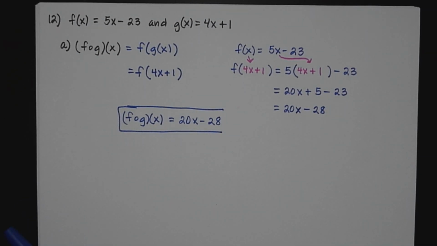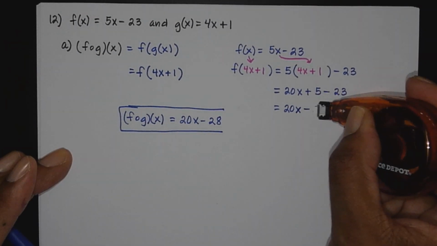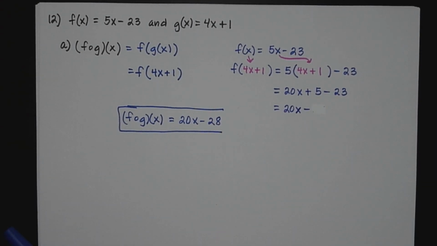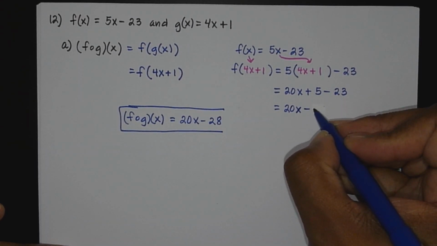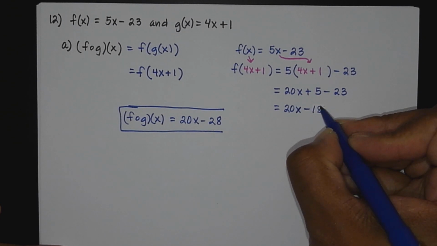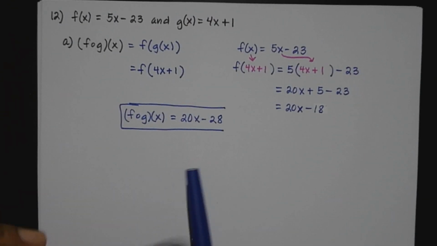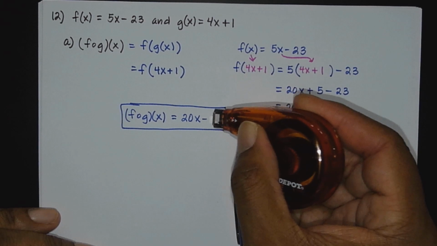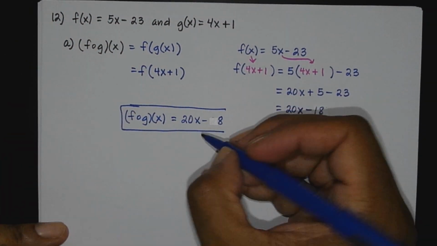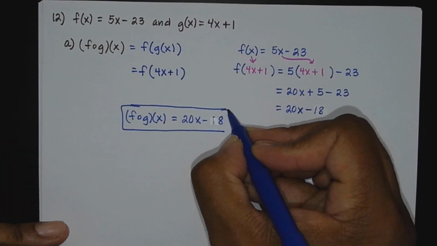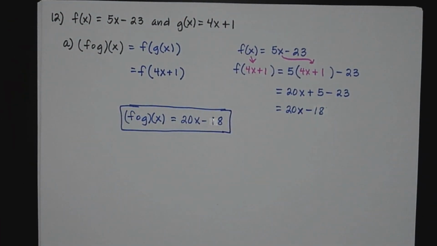Now 5 minus 23 is negative 18, so it would be 20x minus 18. So the composition of f with g of x will be 20x minus 18. Okay. Questions on part A.